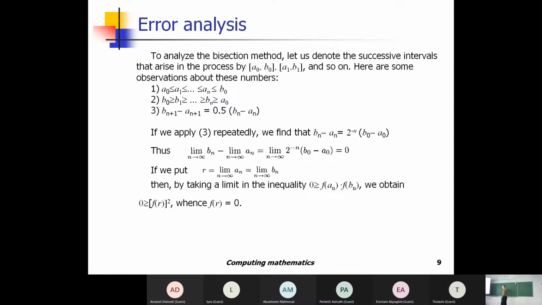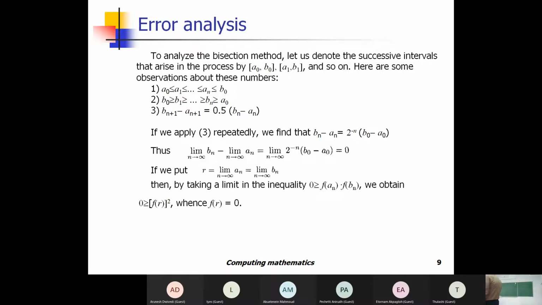But what is 0.5 power 2? It is 1 over 2 power 2, and 1 over 2 power 2 is 2 power minus 2. So if I repeat this process n times, I get 2 power minus n times b0 minus a0. This is the main point.